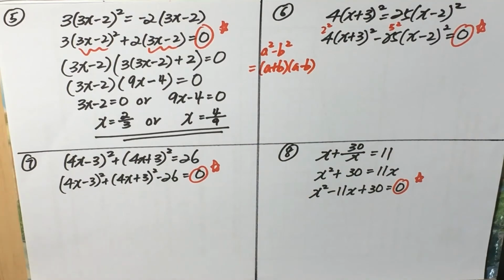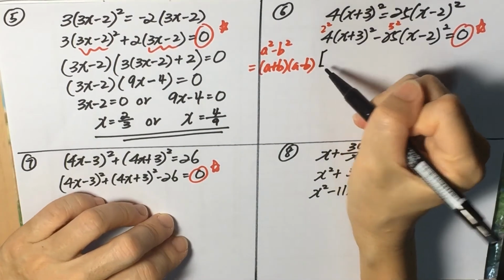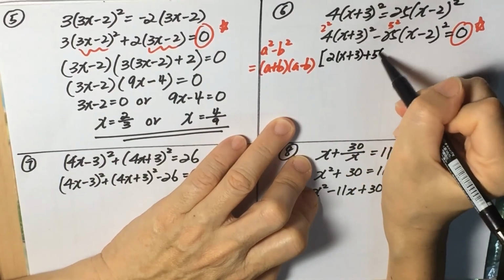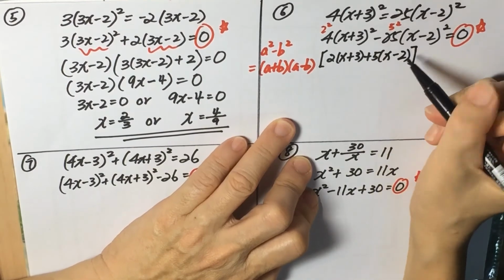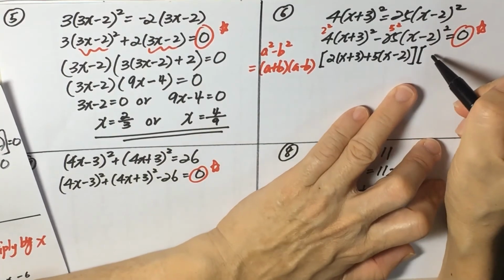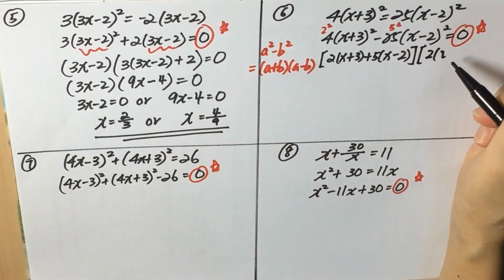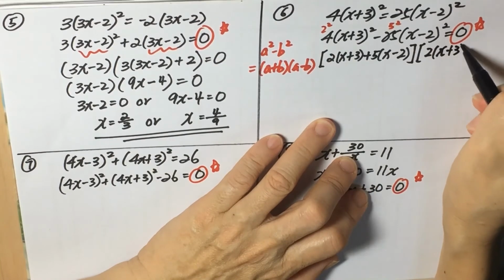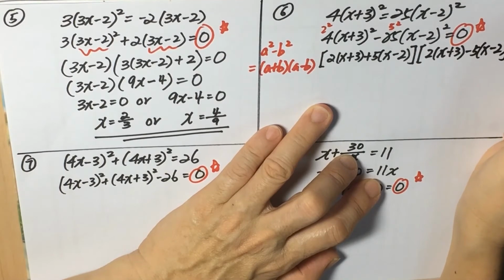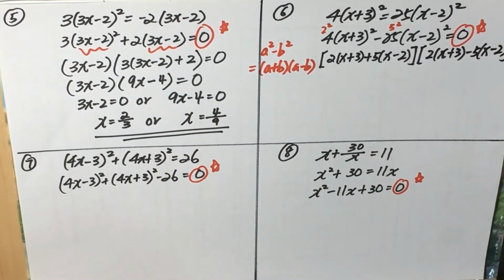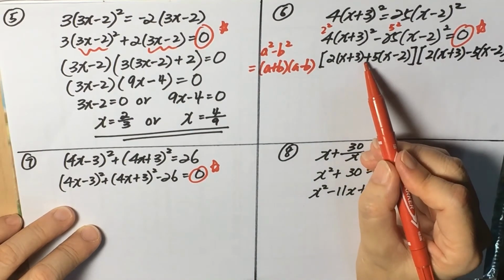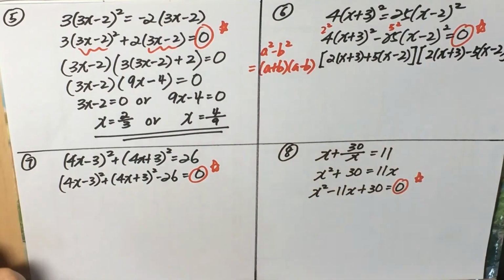So we say 2 times (x plus 3) plus 5 times (x minus 2), that is my a plus b. And then the second bracket, I have 2 times (x plus 3) minus 5 times (x minus 2), equals 0. Can you see that this and this are the same, the only thing different is one plus, one minus?